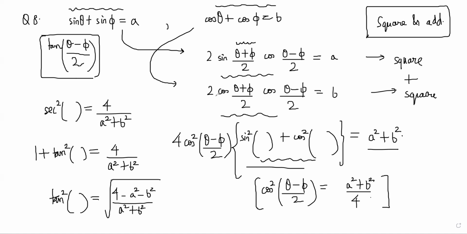Sir, firstly, we can write cos to the 4 of 5 pi by 8 as sine to the 4 of pi by 8, and similarly for cos to the 4 of 7 pi by 8. Basically, we have to prove that the sum of these cos to the power 4 terms is equal to 3 by 2, right? Yes.